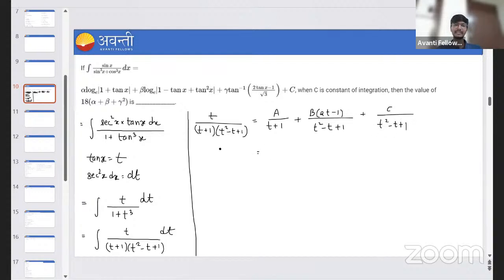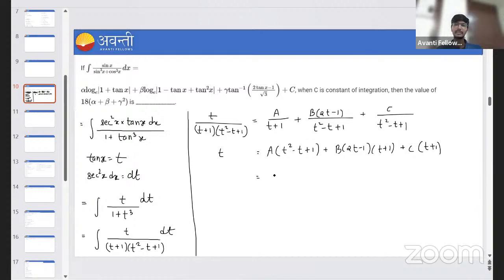Now, if we compare these two by taking LCM, I'll get a into t square minus t plus 1, plus b into 2t minus 1 into t plus 1, plus c into t plus 1.